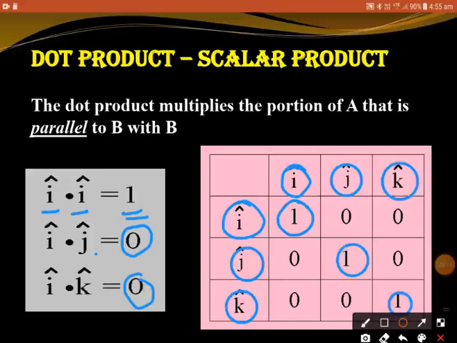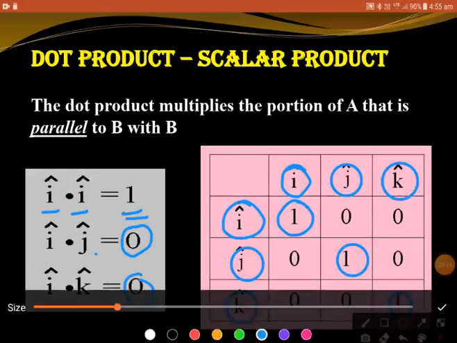If you take the dot product of I with J, it will give you 0, because the angle between I cap and J cap is 90 degrees. I cap and K cap: I cap is a unit vector along x-axis and K cap is a unit vector along z-axis.